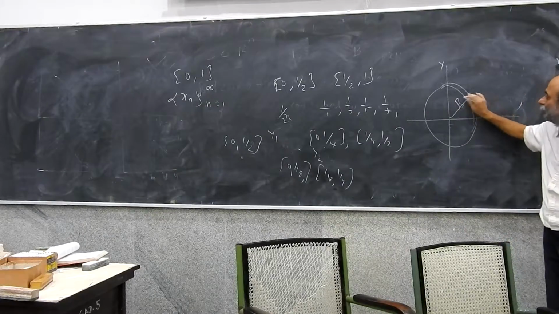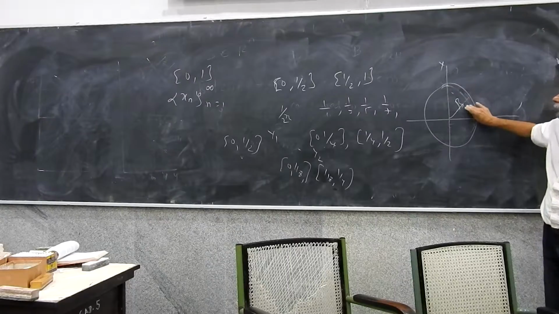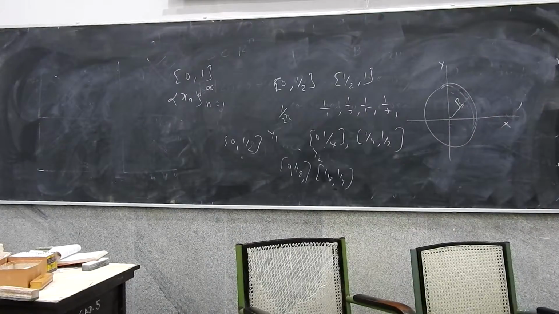A circle of radius b will be a closed and a bounded set in R. We are considering it as an absolute value.